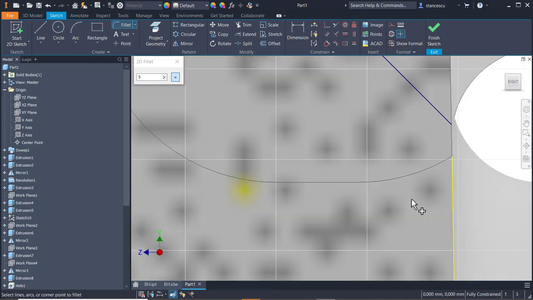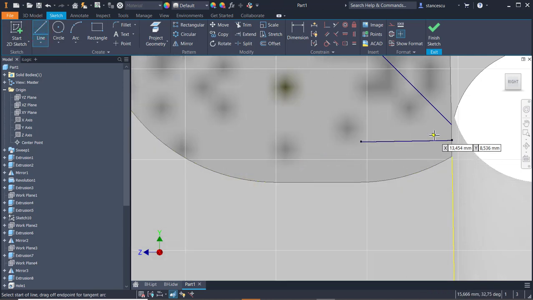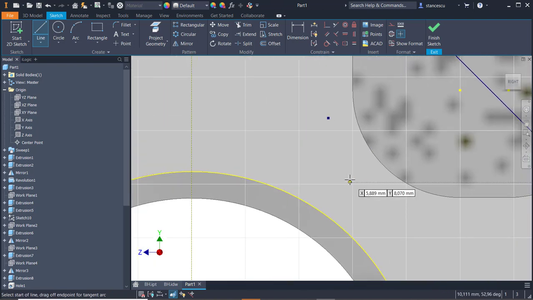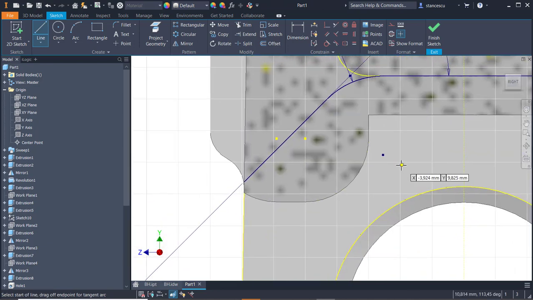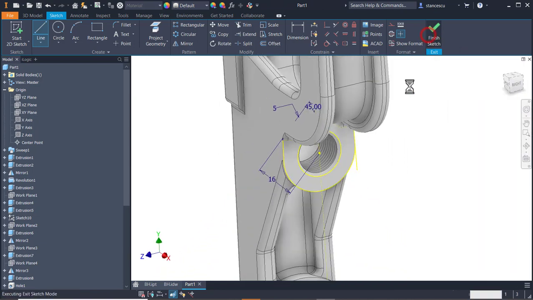Not finish sketch, because I need to draw two small lines to connect the others in order to have a close contour. Finish sketch.